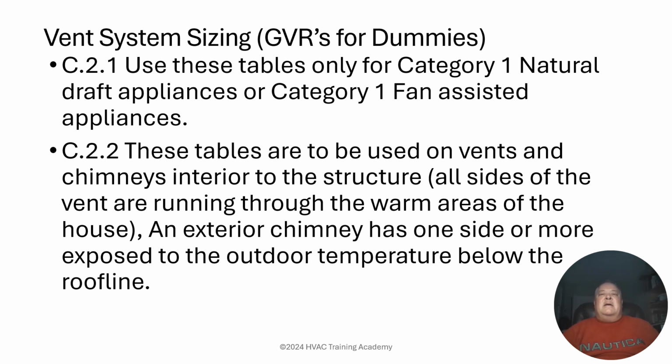But by doing that, they're now exposing one or more sides of that chimney to the exterior environment. What we really want to understand is that those exterior exposures are detrimental and are going to hinder how well that venting system works.